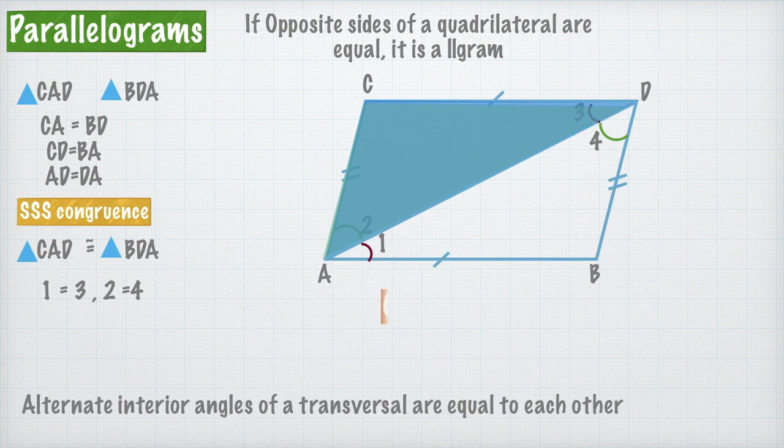Now because the alternate interior angles are equal to each other, you can go backwards and say line CD and line AB are going to be parallel to each other, because we learned this idea in a transversal cutting across a parallel line. When a transversal cuts across a parallel line, the alternate interior angles are equal.